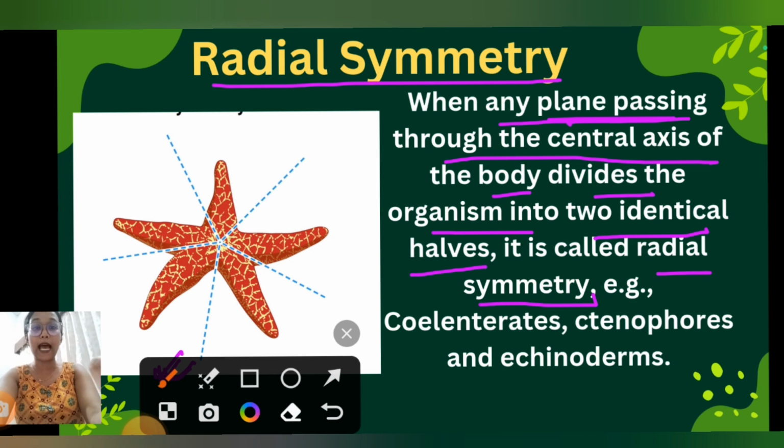Where can you see this? In Coelenterata, Ctenophora and Echinodermata, you can see radial symmetry.